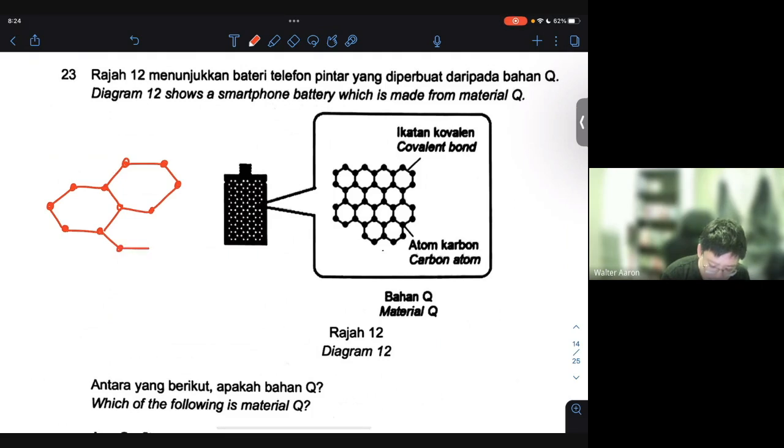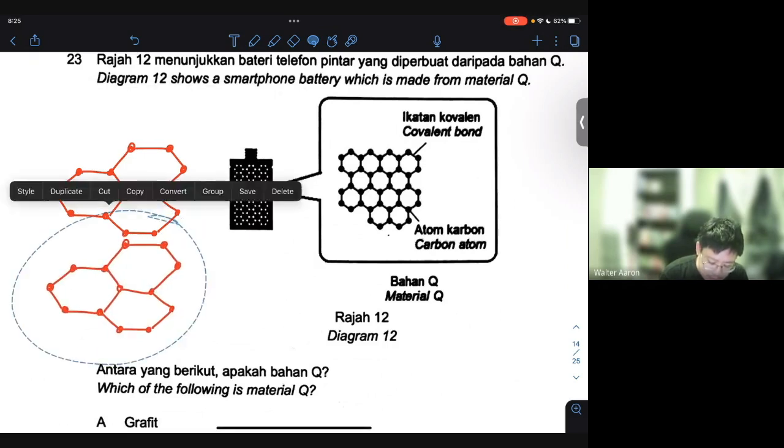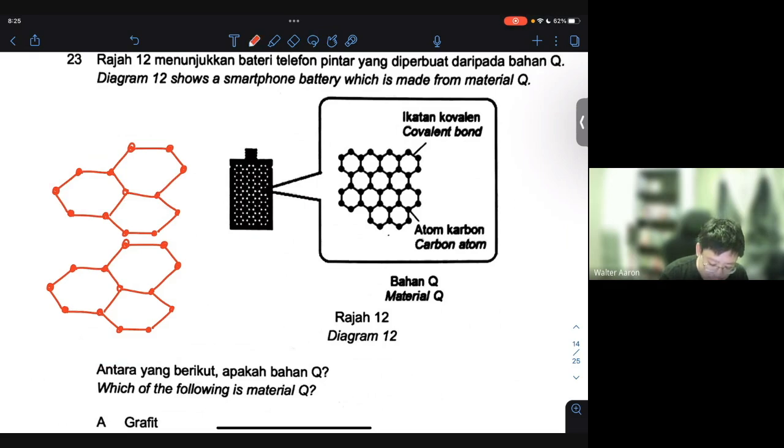But unlike diamond, inside this structure of graphite, they have different layers that are stacked up together. And when that happens, between the layers, there are weaker van der Waals forces between the carbon atoms.